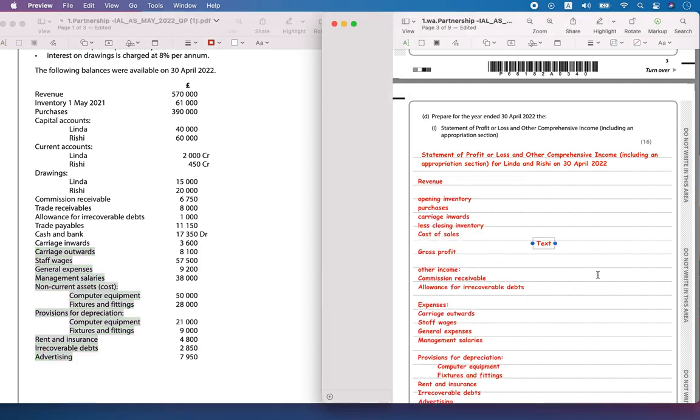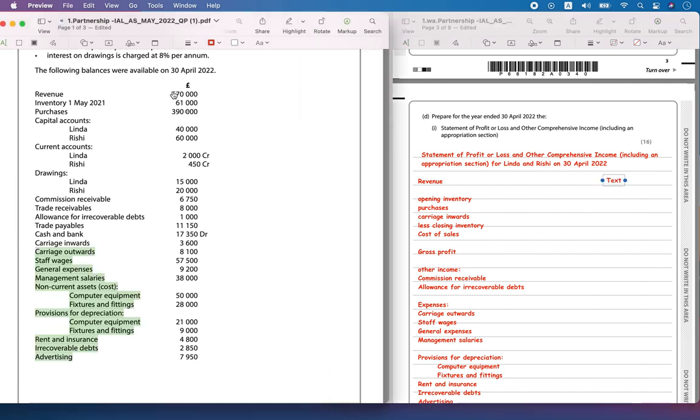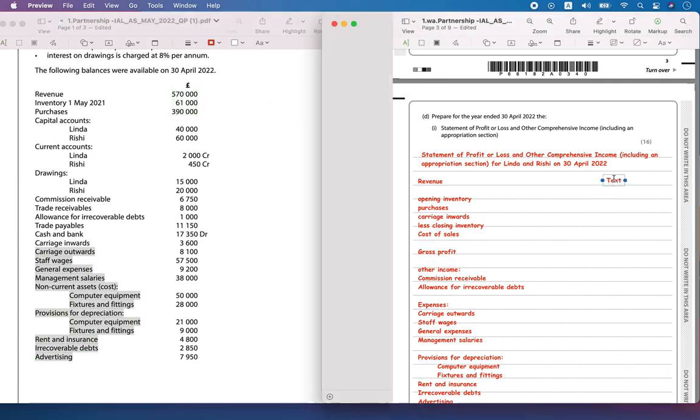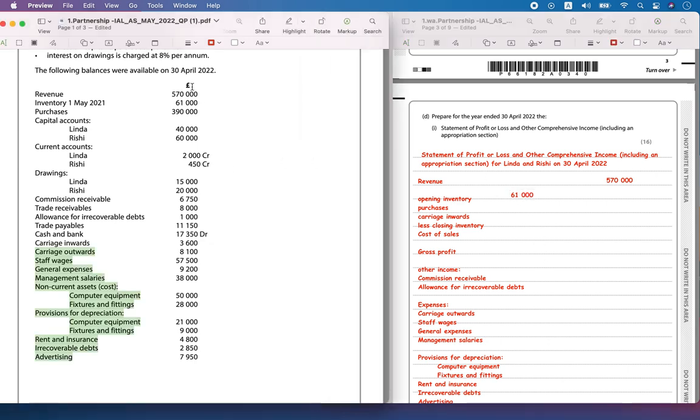Now let's start putting all of the values here. So first one is the revenue. The revenue is 570,000. Then we have the opening inventory, 61,000.